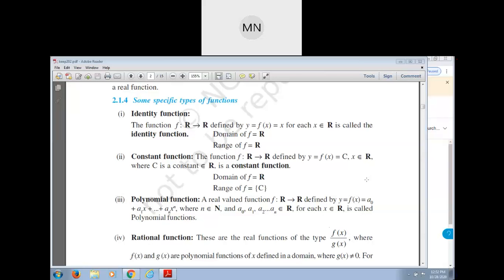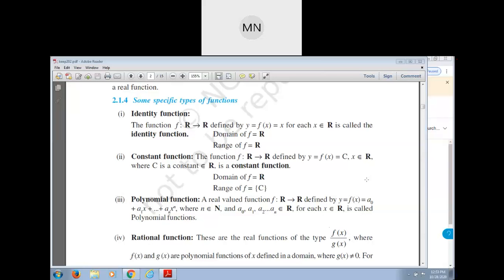If we write x equals 1, then f of x, meaning y, will be what? One. It will be 1. Okay, and similarly, suppose take x equals 2, then y is also 2. Okay, and suppose we consider x equals minus 2, then f of x will be minus 2. Okay, that type of function is called identity function.